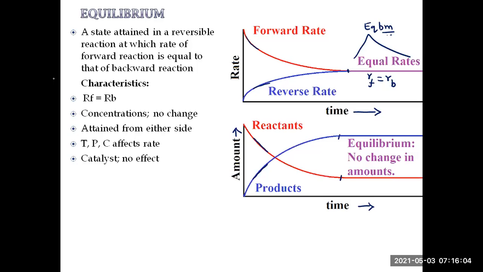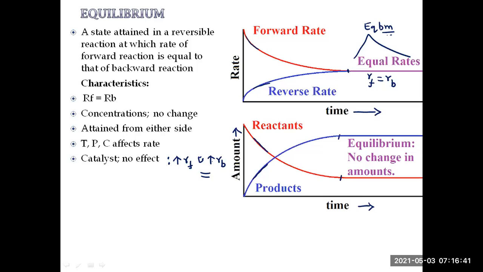A catalyst overall will not have any effect on the equilibrium. Why? Because the presence of a catalyst increases the rate of forward reaction, and if the rate of forward reaction increases, more products are formed. When more products are formed, the rate of backward reaction also increases. So we say the presence of a catalyst increases the rates of forward as well as backward reactions equally.